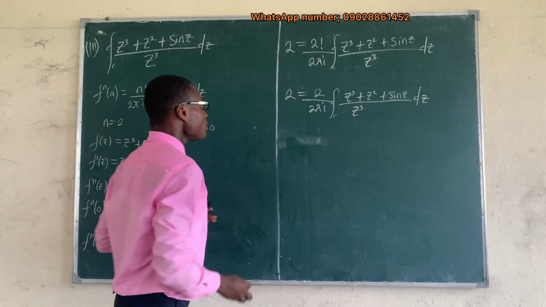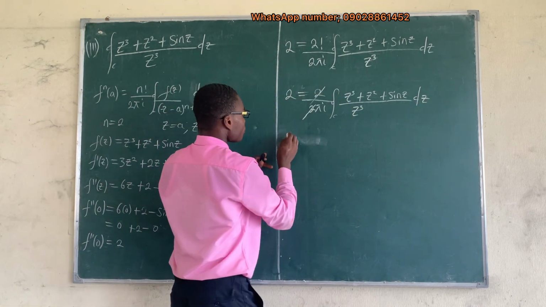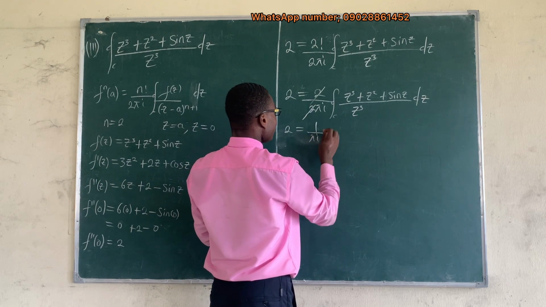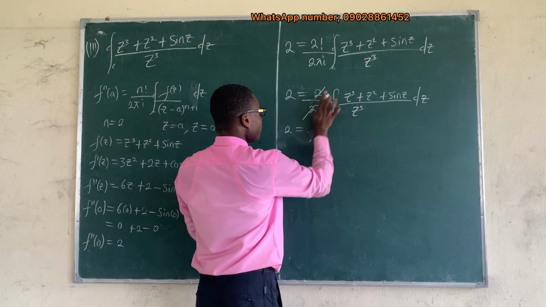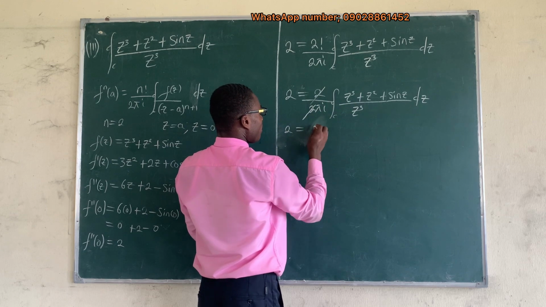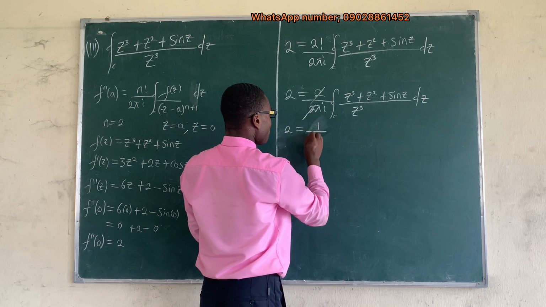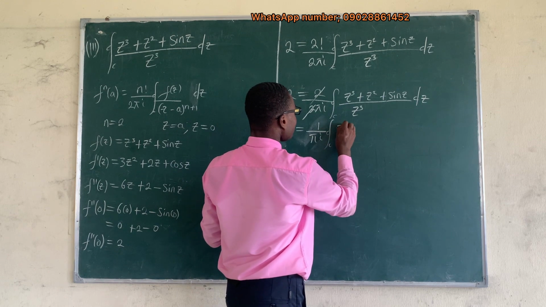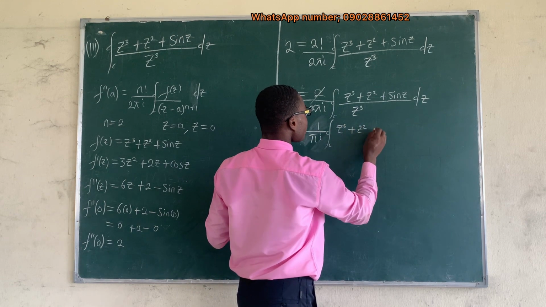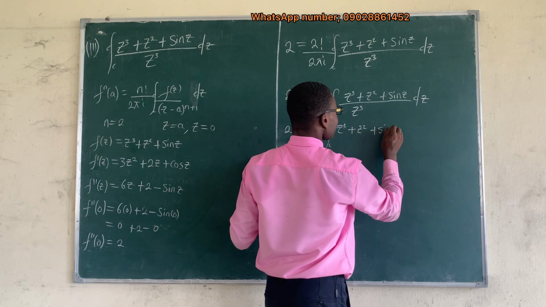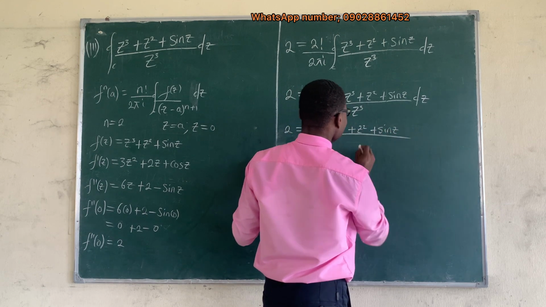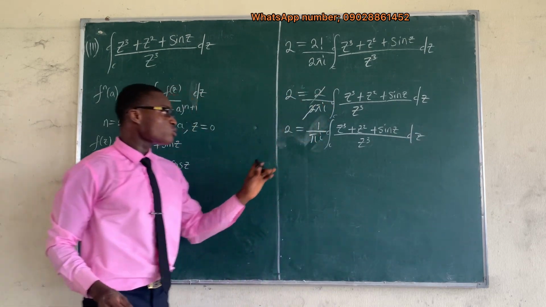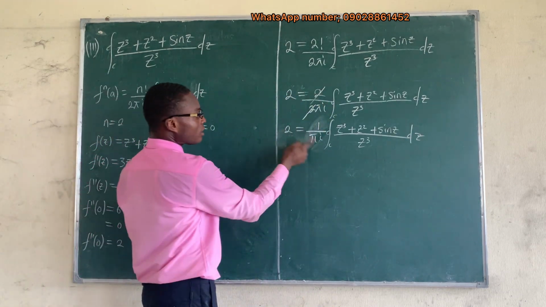So obviously 2 will cancel out. So we are having 2 equal to 1 over pi I, the integral, the curve is closed, of z cubed plus z squared plus sine z over z cubed dz. So this is what we have. So let's cross multiply.